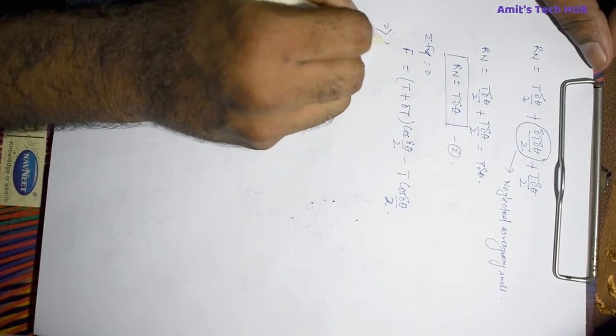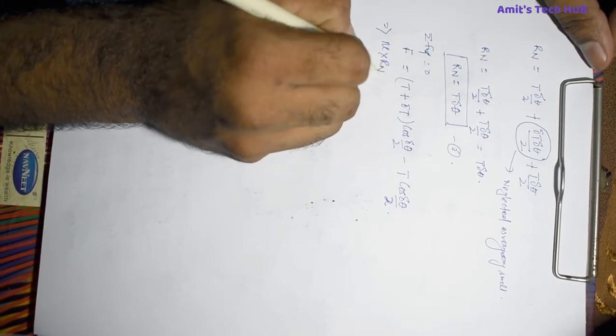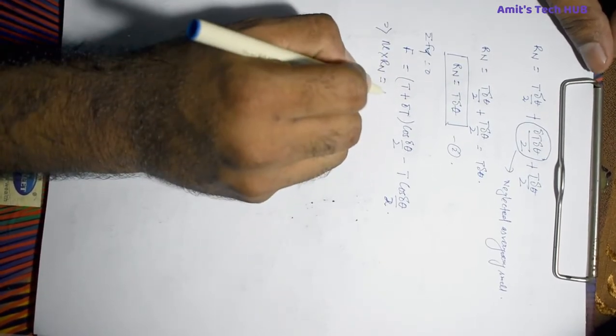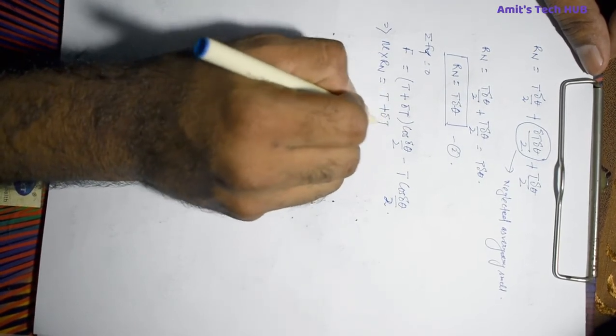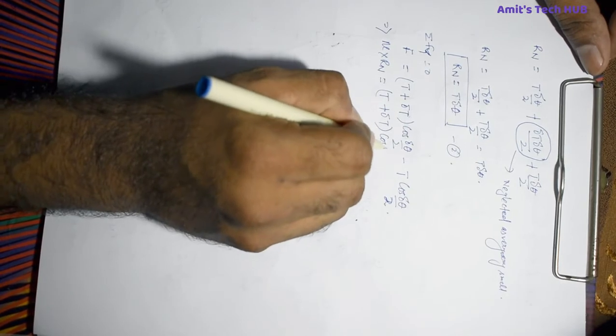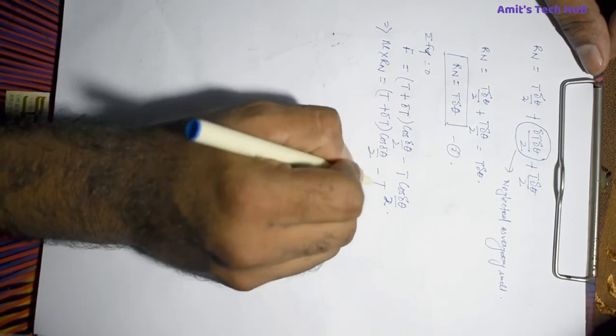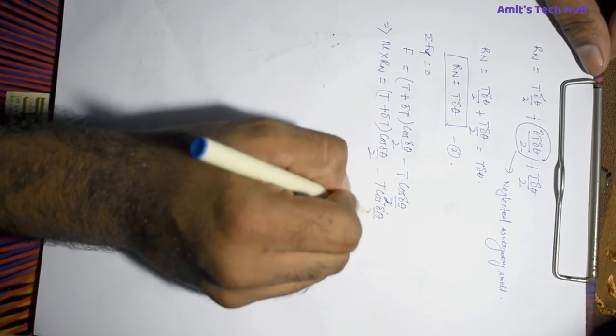Okay, so F can be written as mu into Rn, which is equal to T plus del T cos del theta by 2 minus T cos del theta by 2.